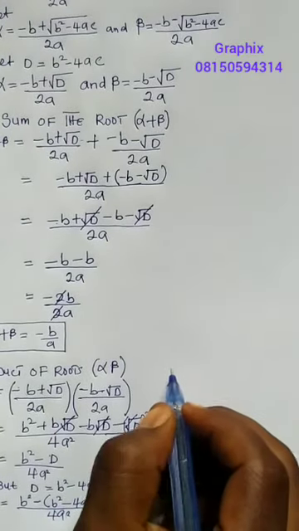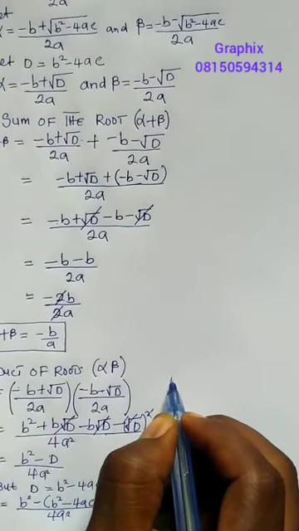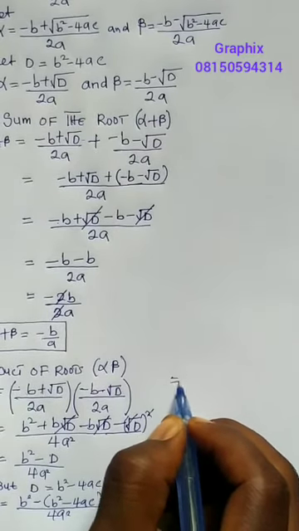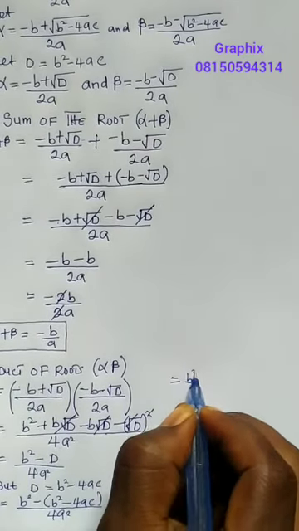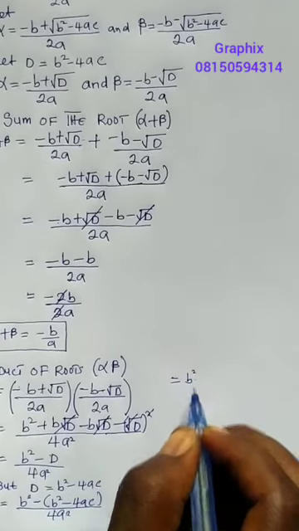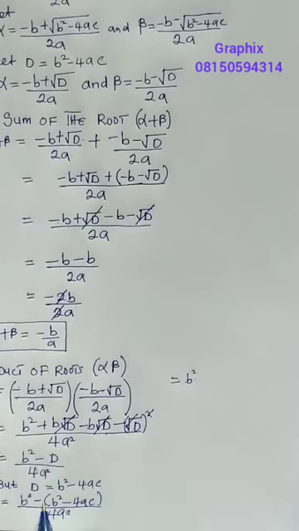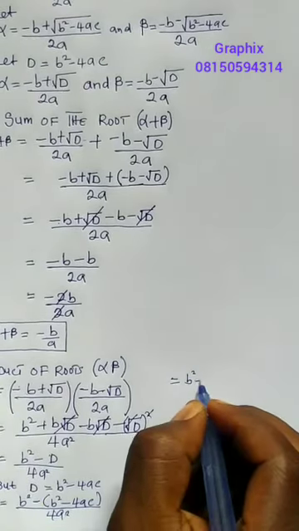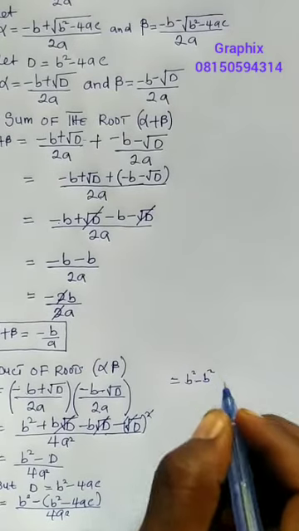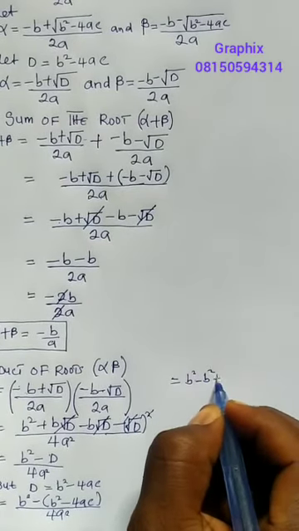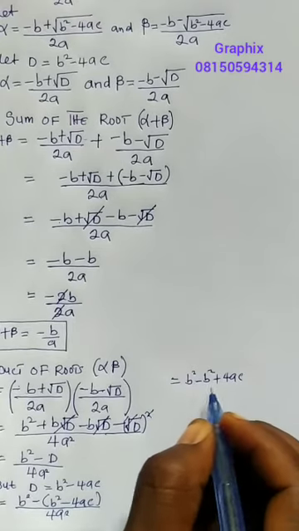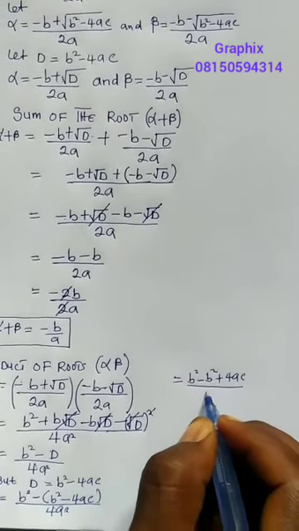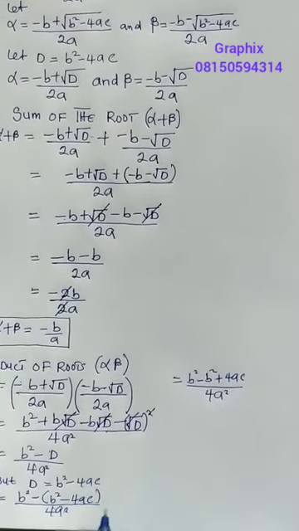If I open the bracket at this point, this will give me b squared, minus times b squared gives minus b squared, minus times minus gives plus 4ac, all over 4a squared.